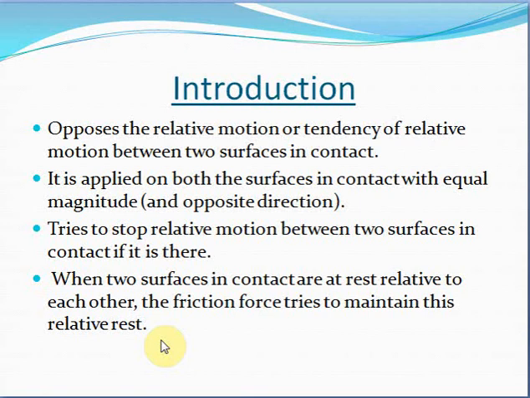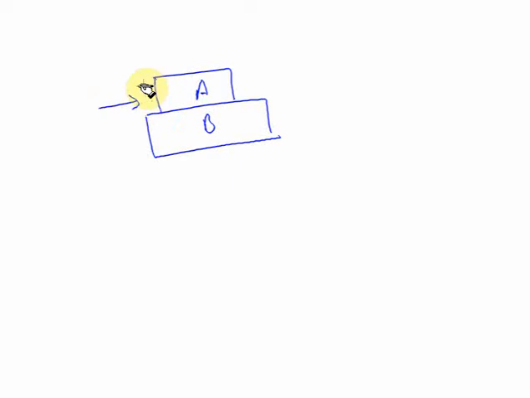Now the friction force is applied on both the surfaces in contact with equal magnitude and opposite direction. So if we take the same example of two blocks, block A and block B, and the force F was applied on block A so that block A moves in the right hand direction.